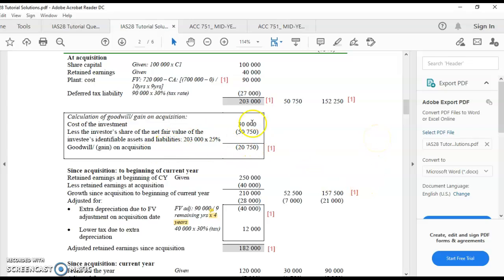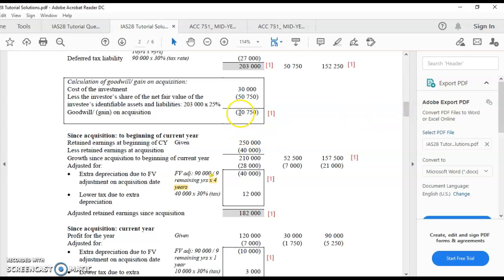So the cost of the investment is 30,000, but our actual holding of the total value is 50,750. You can see that we bought it for less than what it is worth, so we made a bargain purchase of 20,750, and you will see that amount in our journal.